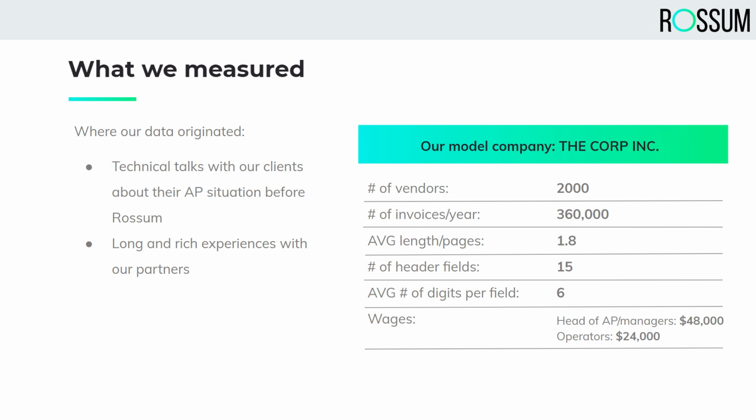What we should keep in mind is also the fully loaded cost, which is $96,000. And operators with an average wage of $24,000, or the fully loaded cost, which is $48,000. Here, the fully loaded costs include hiring and training costs, computer and office overheads, managerial costs that stem from the company structure, and so on.